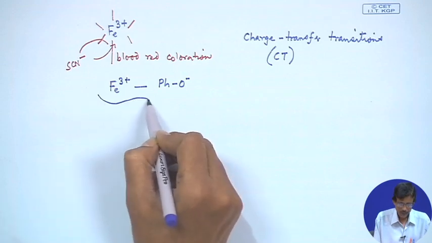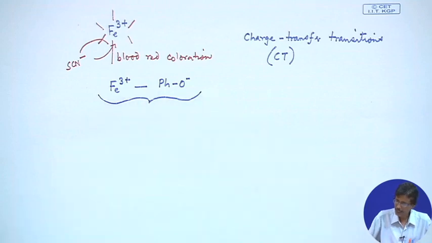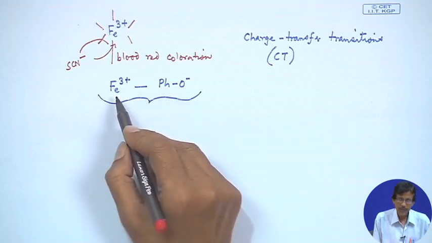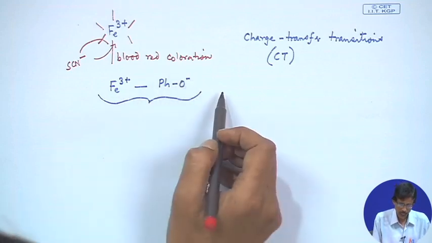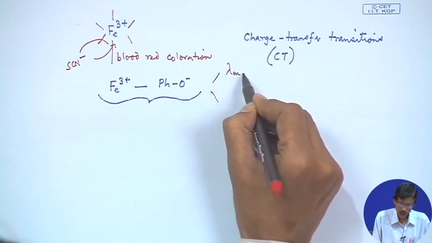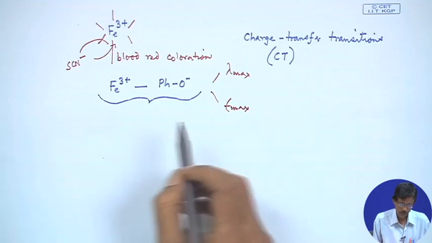This is the advantage of doing analytical chemistry: you can identify anything if you know the product of that particular reaction. The phenolate ferric ion reaction gives a colored product that can be estimated because you know the corresponding lambda max and epsilon max values.